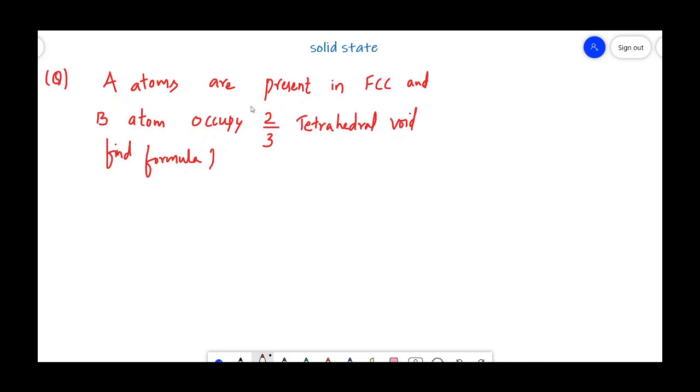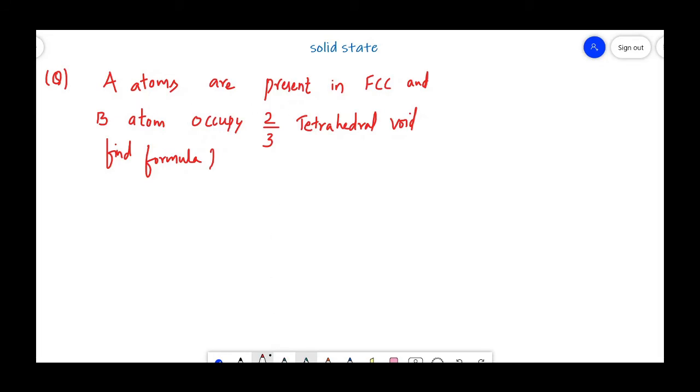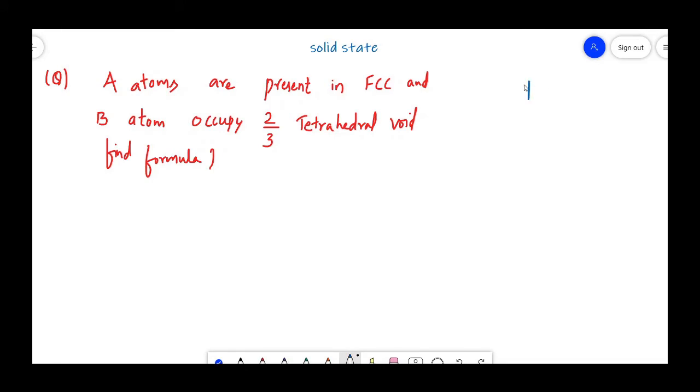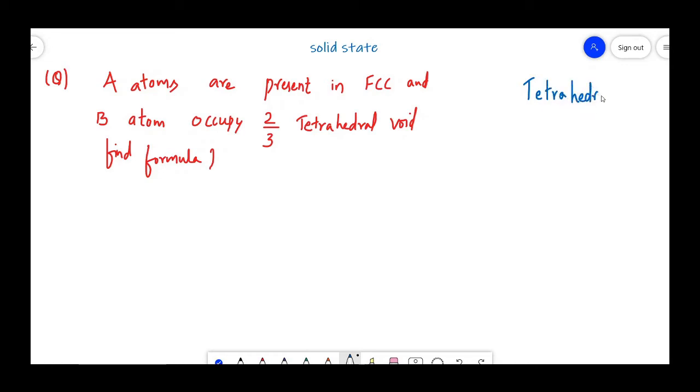A atoms are present in FCC and B atoms occupy 2 by 3 tetrahedral void. So whenever void is given, we have two types of void. One is tetrahedral void and another one is octahedral void.